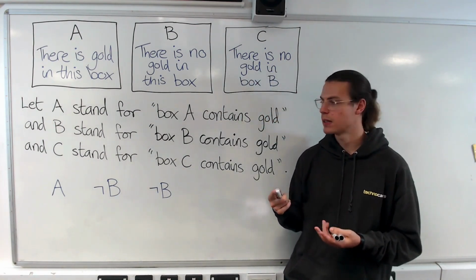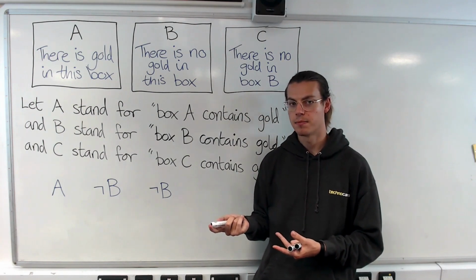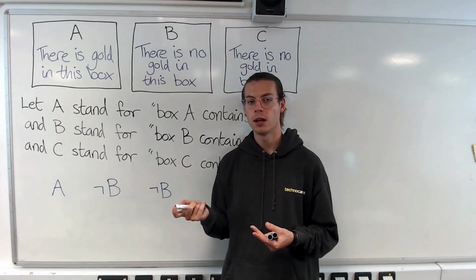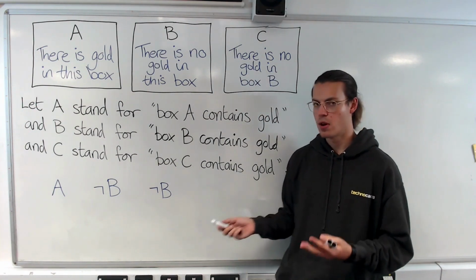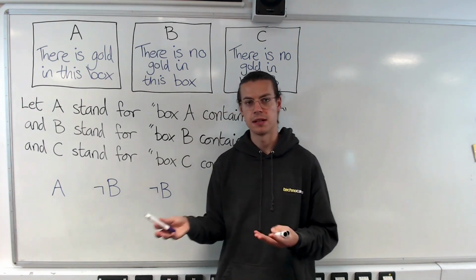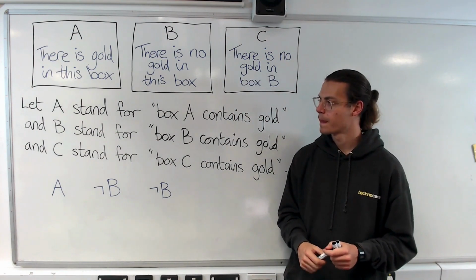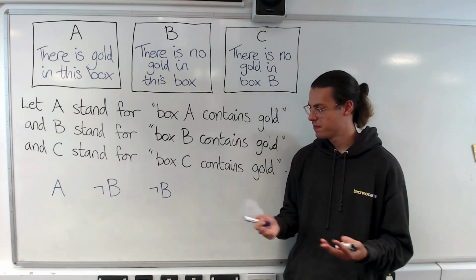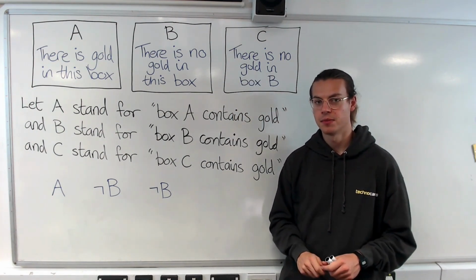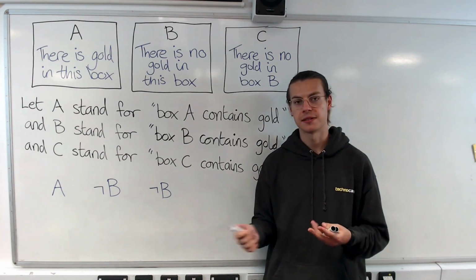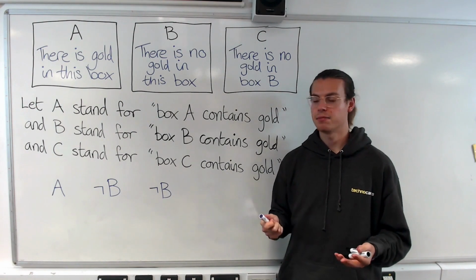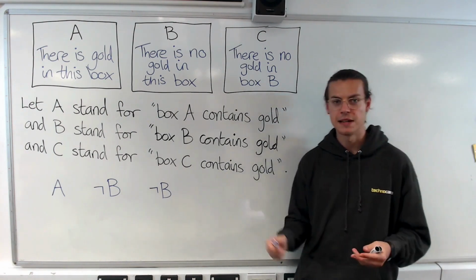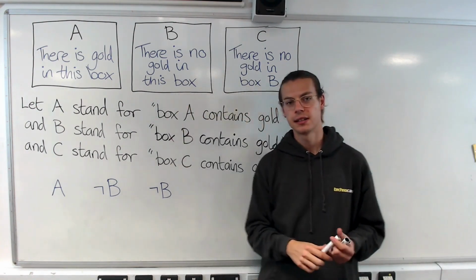That is, box A and B must either both contain gold or neither contain gold. But we have no way to determine which of these is true. Box C we have no information about. It may or may not contain gold. So it is in fact impossible for us to determine if any of the boxes contains gold.